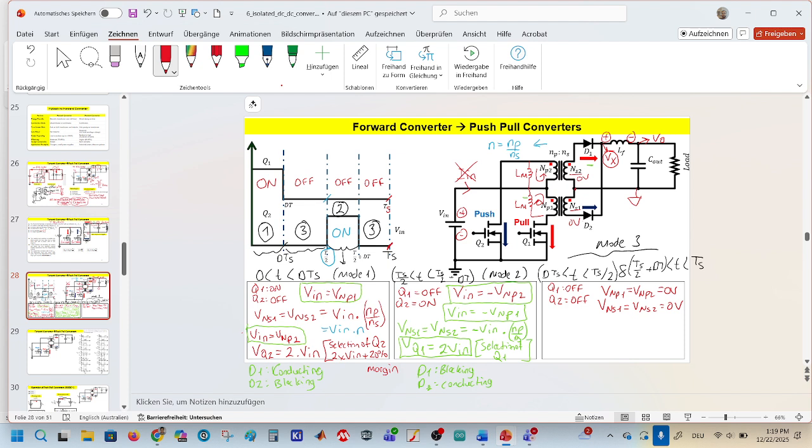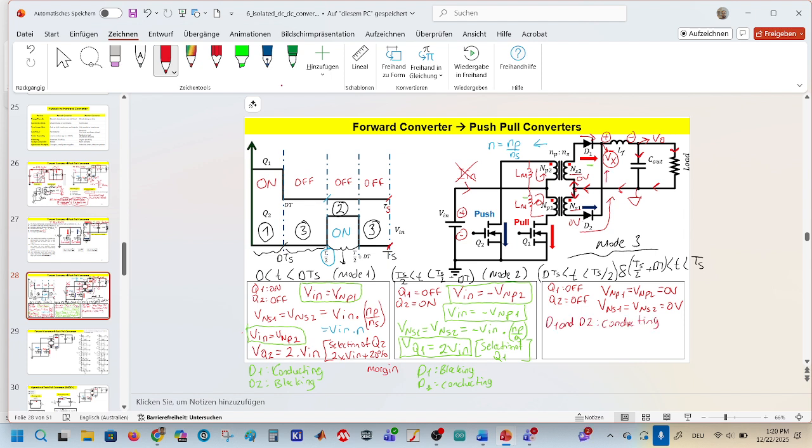The current should again flow in this way, come to the center tap of the secondary transformer, and should be equally divided into two, and flow back to the inductance again. That means diode 1 and diode 2, both of them are now conducting.